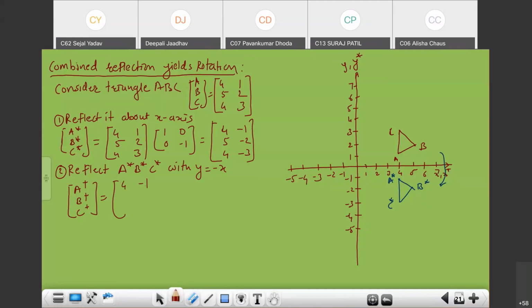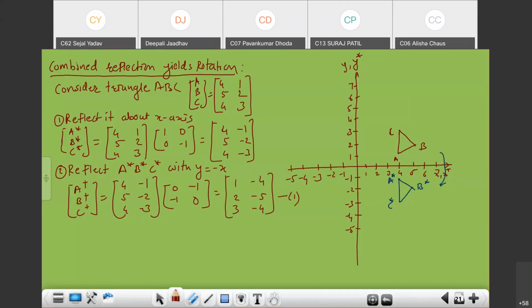The resulting A star, B star, we are reflecting it with the matrix 0, minus 1, minus 1, 0. Then we will get 1, 2, 3 and minus 4, minus 5, minus 4. X becomes y, y becomes x, and change the sign. Plus becomes minus, minus becomes plus. That is our equation number 1, suppose.